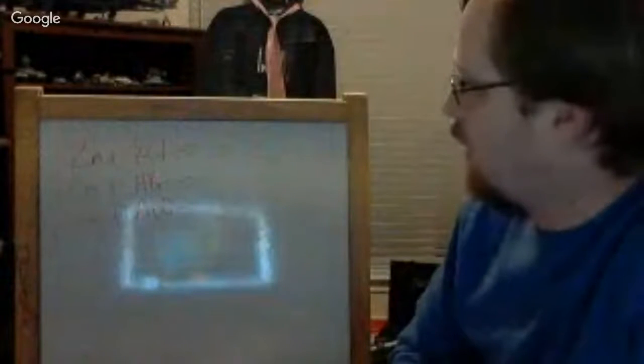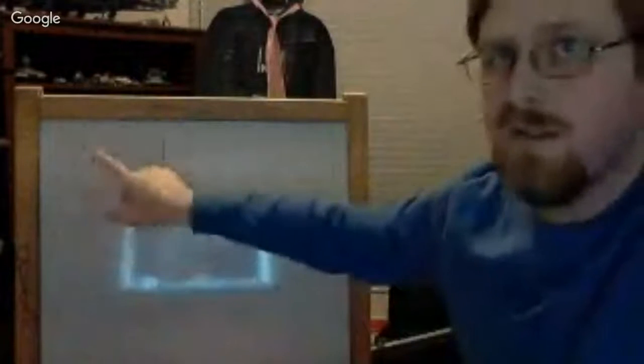Okay, so our job here is to predict the products of what's going to happen with each of these reactions. So what we do is we take a look at our activities, and if the metal that is not in the compound is higher on the list, then it will react.